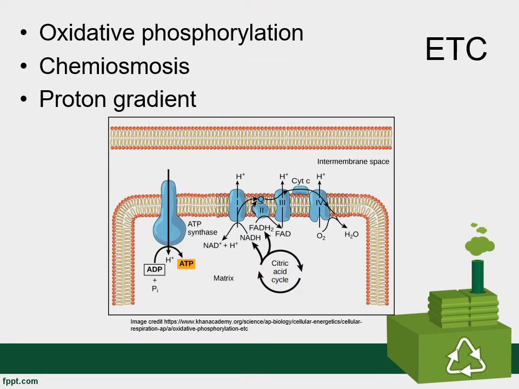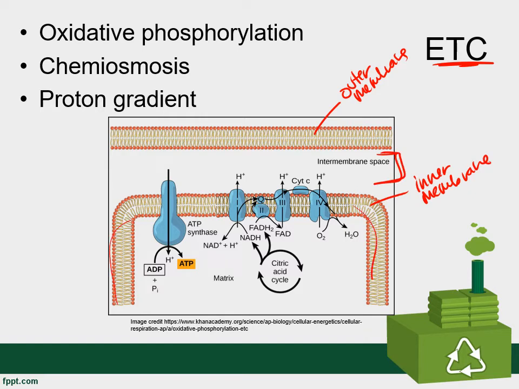So all of this buildup has gotten us to this point where we're looking at the electron transport chain. Here is our outer membrane of the mitochondria. Here's our inner membrane of the mitochondria. Between those membranes is our intermembrane space. Here we're showing that it's folded, so there's the cristae.